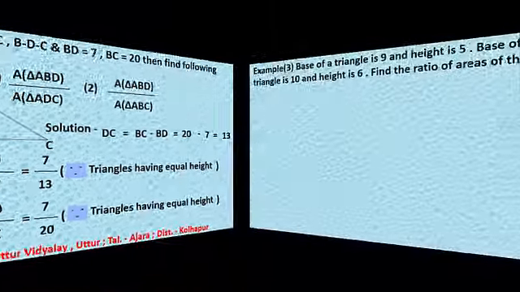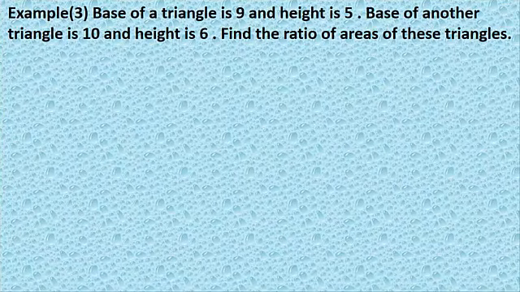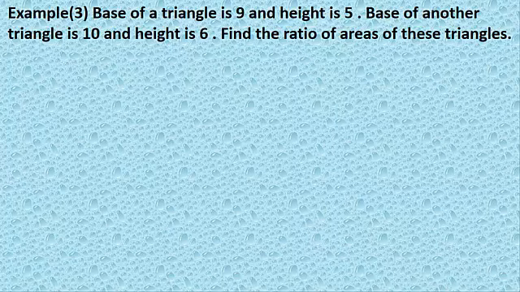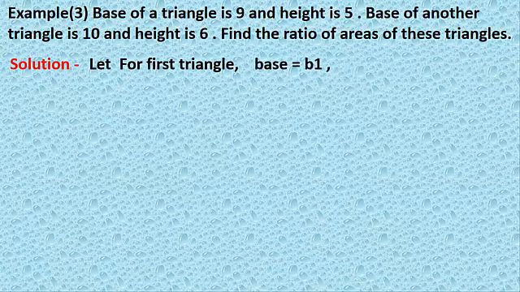Base of a triangle is 9 and height is 5. Base of another triangle is 10 and height is 6. Find the ratio of areas of these triangles. In solution, for first triangle base B1, height H1, area A1 we consider, and for second triangle base B2, height H2, area A2.